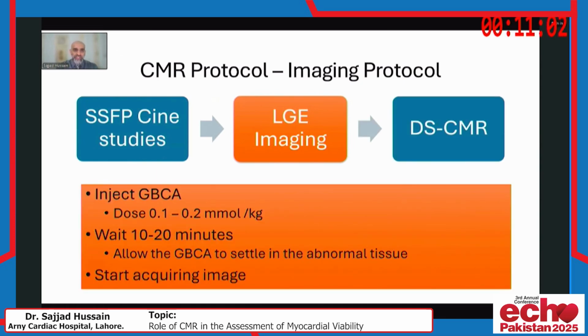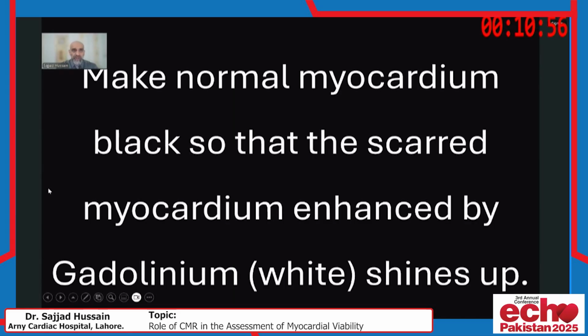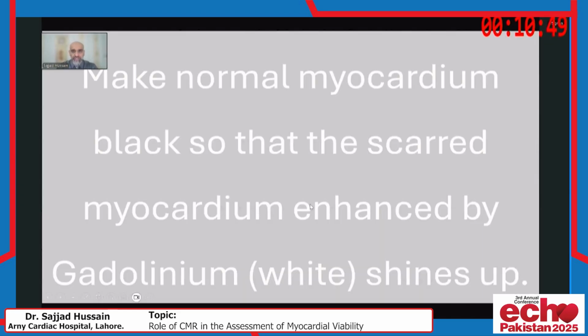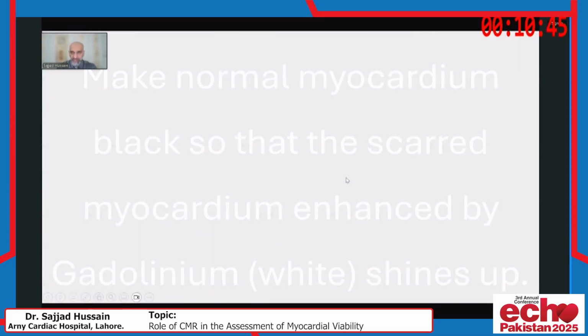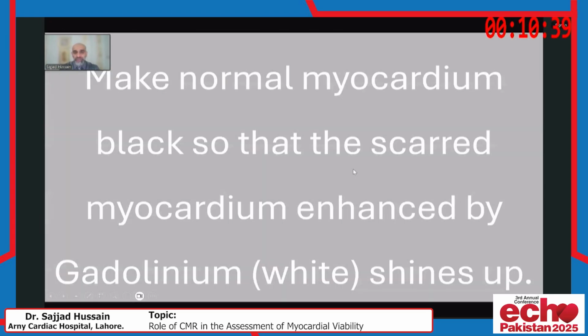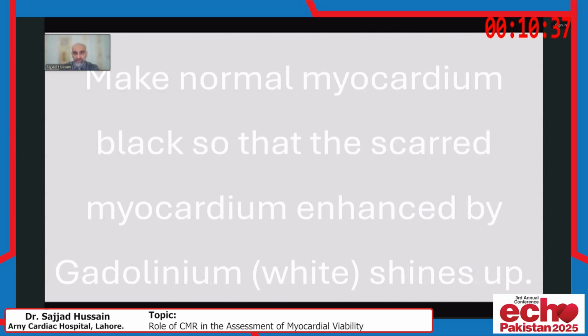So we inject a gadolinium-based contrast agent, we wait for 10 to 20 minutes, and then we start acquiring the images. Essentially, the principle is that you make the entire myocardium black so that the scar myocardium becomes enhanced by gadolinium and the gadolinium starts to shine up. So all that glitters is not gold in cardiac MRI. So that's the golden rule.